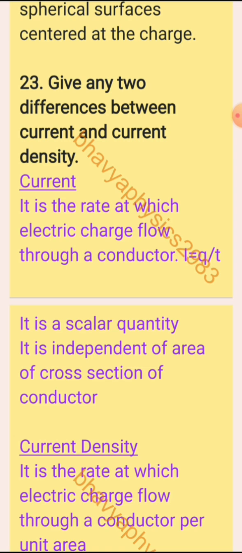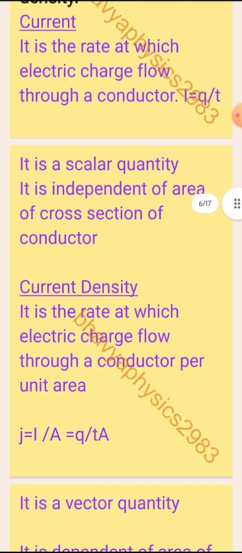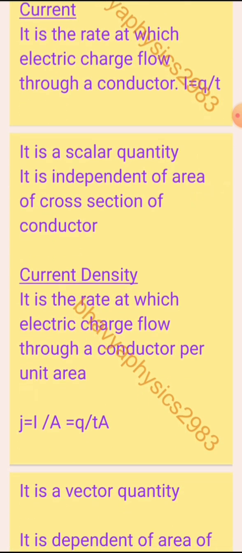Whereas current density is a rate at which electric charge flows through a conductor per unit area. That is, we can write it as I by A. Okay, electric charge flows through a conductor per unit area. Is this clear? So charge flows through a conductor is current, per area is current density.